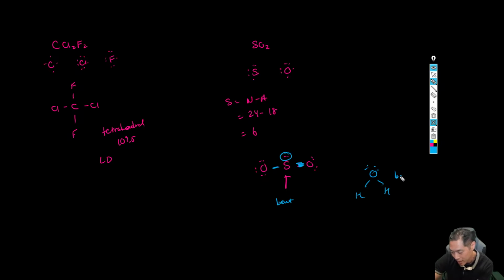Oh, this has 2 lone pairs. Sorry. Did I get that right? 3 times 8 is 24. They all have 6. Oh, 3 bonds. Yeah, that's right. So we're going to have bent, about 104.5.